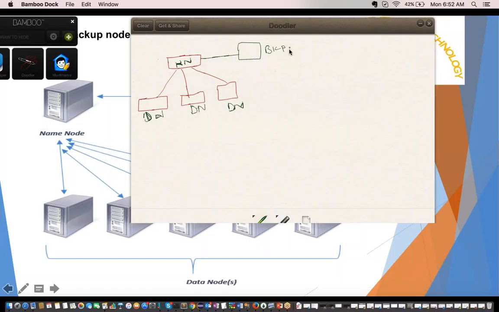We can take it into a new machine; we'll copy it to the new machine and make it up. So what is the scenario? Your cluster has failed. What do we have to do? Get the fsimage from the backup node, take a new machine, copy it to the new node, and make it up.